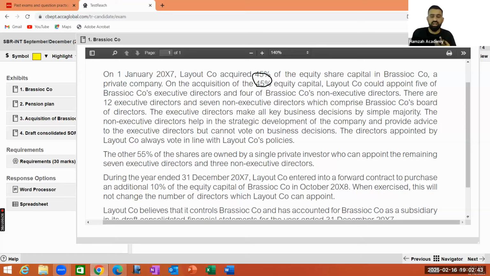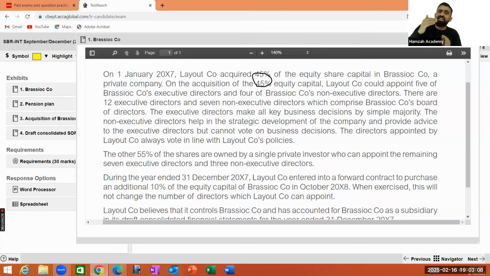Yes, there is one point to be further considered: you have a forward contract, and according to that forward contract, you can acquire another 10% shareholding in that company. However, at the year end, 31st December X7, you have just 45%.